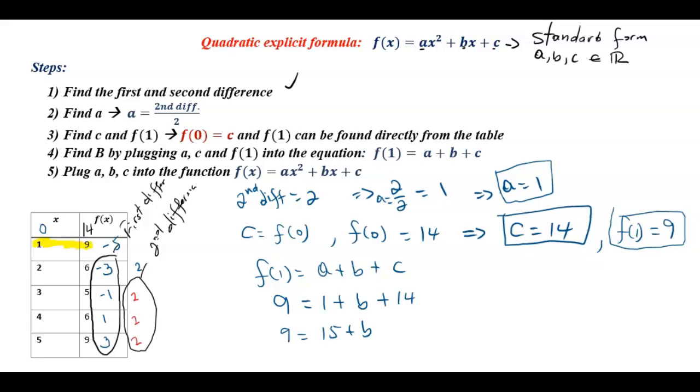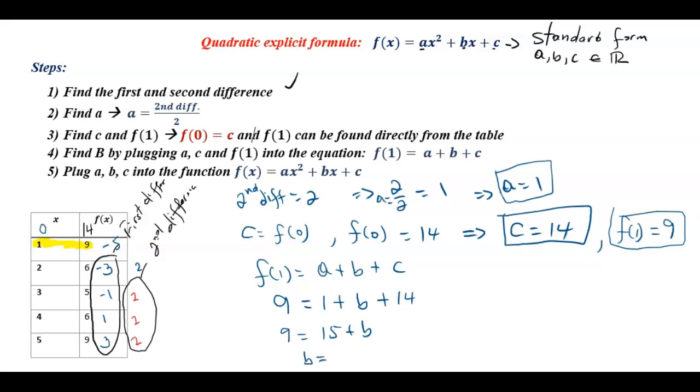Now if we subtract 15 on both sides, then we're going to have 9 minus 15, which is negative 6 actually. So we're going to have b equal to negative 6.